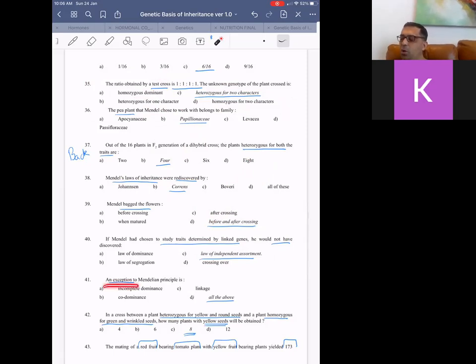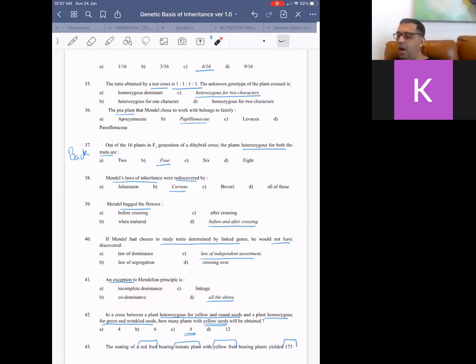An exception to Mendelian principle is all the above. Incomplete dominance and codominance are against law of dominance, and linkage is against law of independent assortment. So that is the logic. So the exceptions are all.